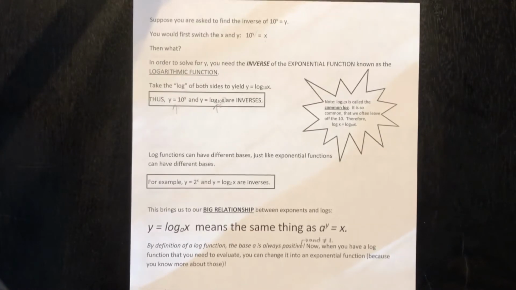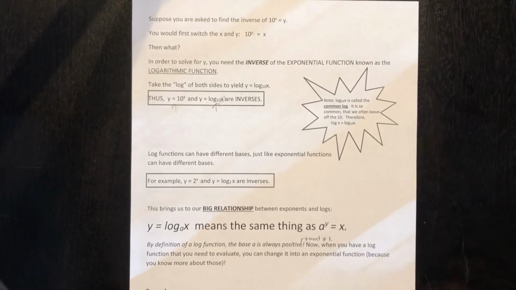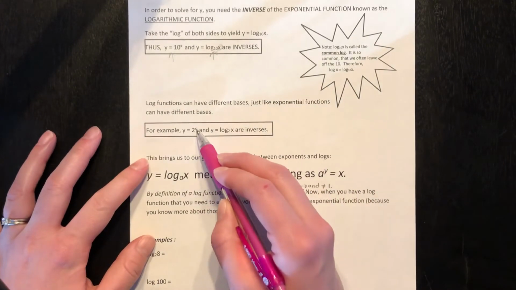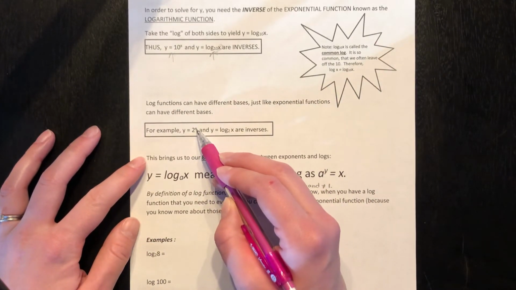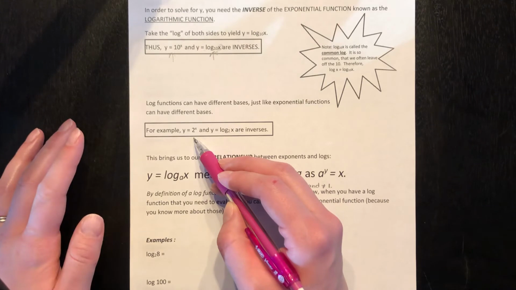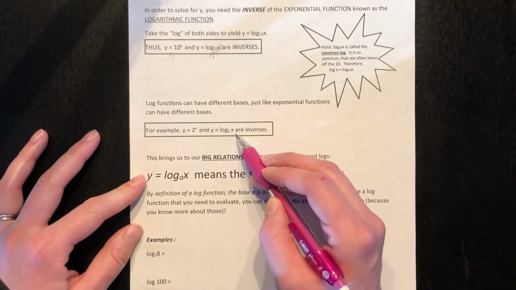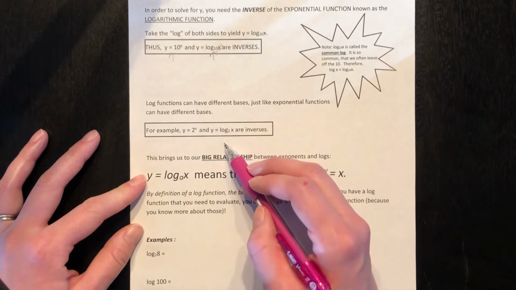Okay, so moving on. Log functions can have different bases, just like exponentials can have different bases. So another example here, if you have 2 to the x, you've seen that before, we've graphed that. 2 to the x's inverse would be log base 2 of x. Those would be inverses of each other.